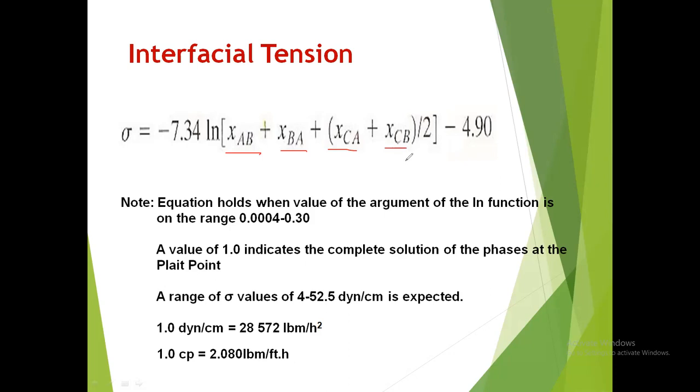Now, if you can also recall again, when we speak of liquid-liquid extraction, our concentrations are not in terms of mole fraction, but rather they are mass percentages. So there's a need for you to convert the percentage by mass given in the problem.